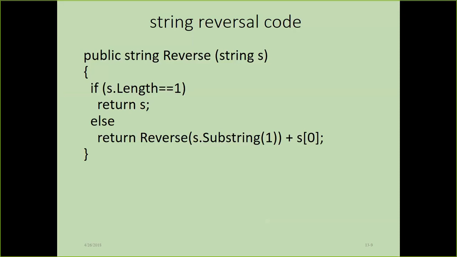Because if I have length only one, so whatever I am given, I will return this one, right? So this is why it is returning str. Else, whatever else I need to return. Otherwise, okay. Else return. What will it return?